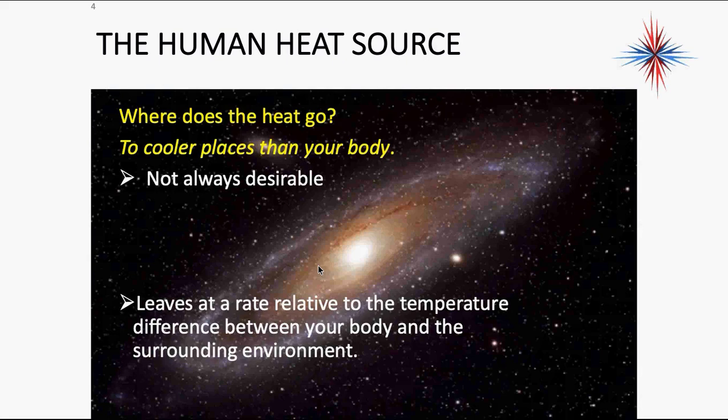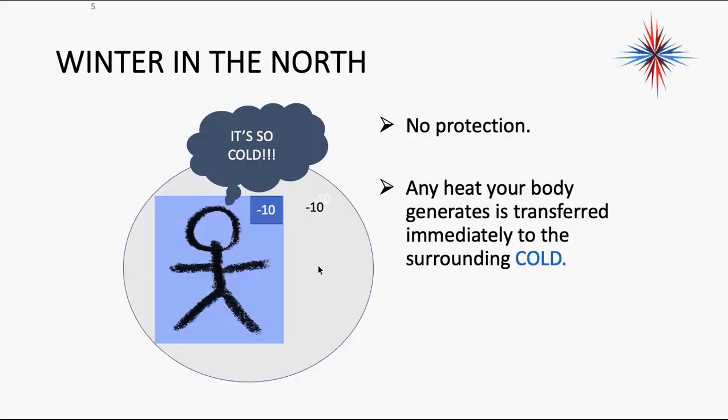The heat leaves your body at a rate that's relative to the temperature difference between your body and the surrounding environment. So if you're outside in the winter with no protection whatsoever, and it's negative 10 degrees around you, any heat your body has is transferred immediately to the surrounding cold environment.